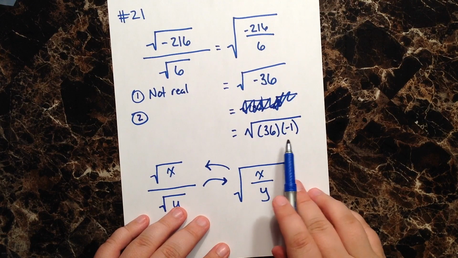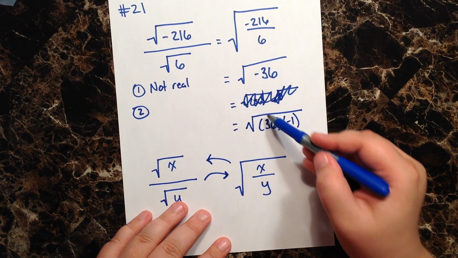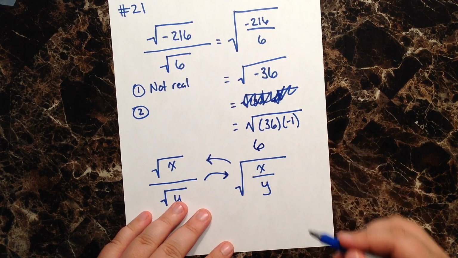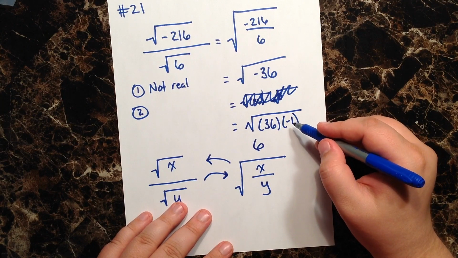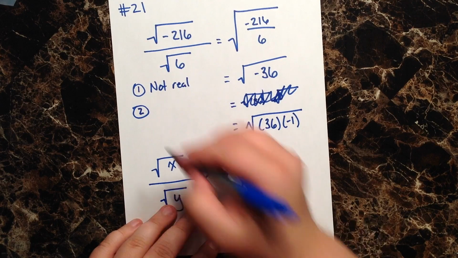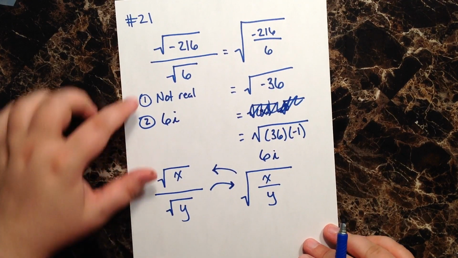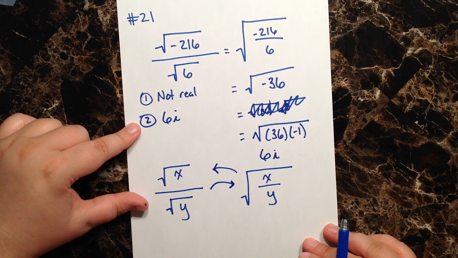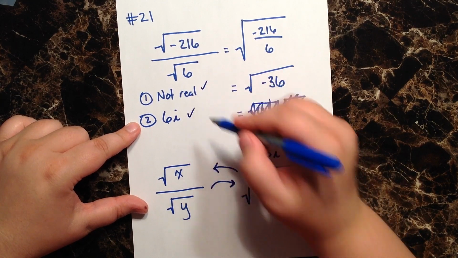So 36 times negative 1 gives me negative 36. And when I pull out my 36, it comes out as a 6, and the square root of negative 1 is an i. So depending on what your answers are, you'll either have not a real number or 6i. We're going to want to look for one of those two.